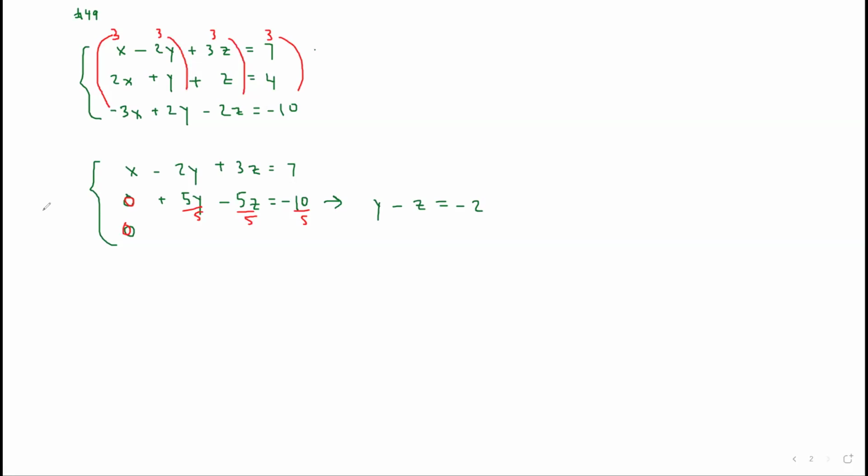So let's do that. We now gonna get minus 6 and 2, which is negative 4 times y. Again, minus 2 times 3 is negative 6, and down below is plus 2, so it's minus 4.